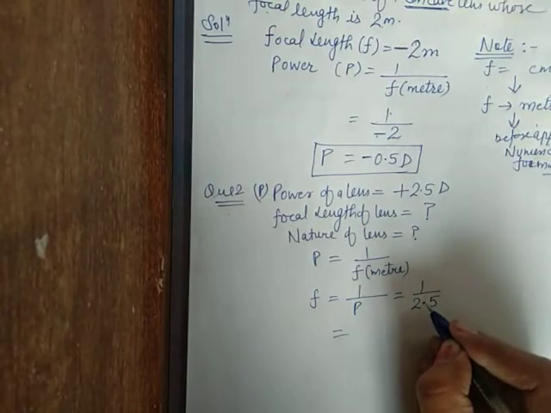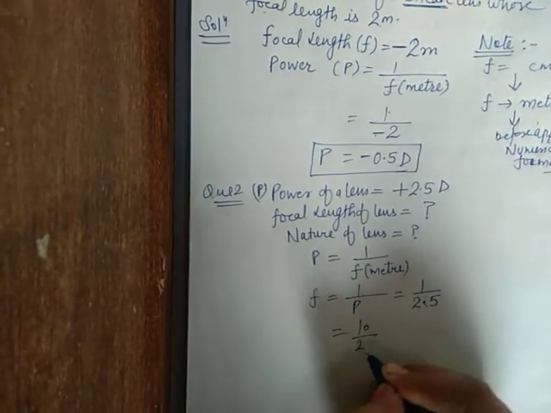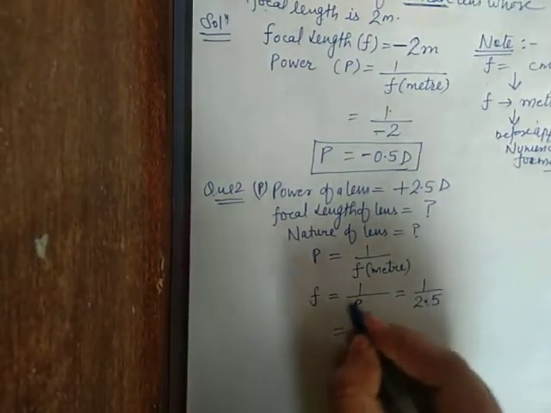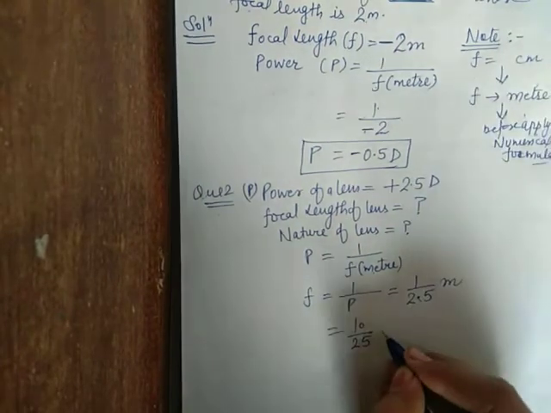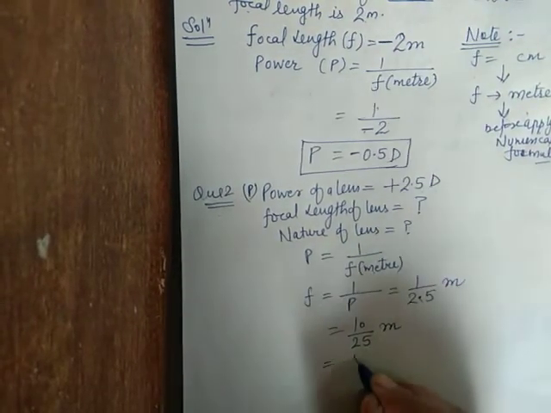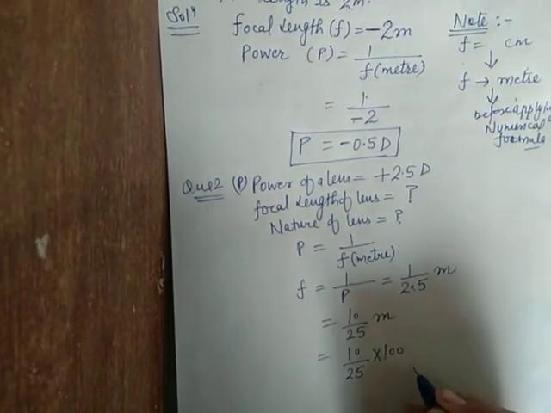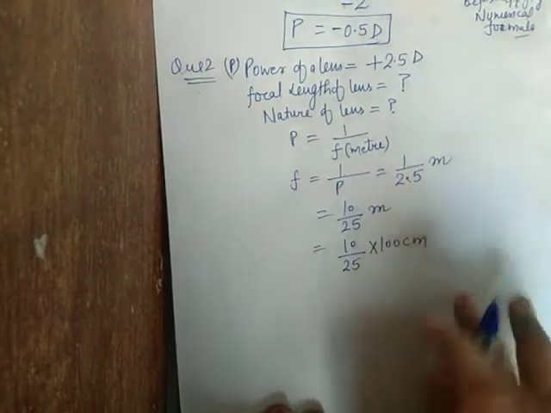In the next step, removing the decimal, 10 in numerator, 10 by 25. As I have told you, it is in meter. So this focal length is coming out to be in meter. So as to convert the resulting focal length into centimeter, multiplying by 100, it will give us the solution in centimeter.